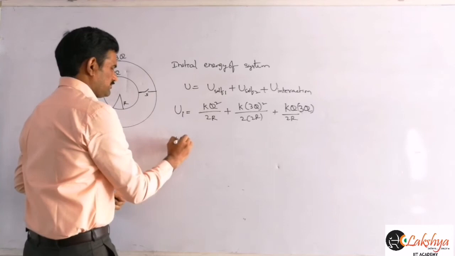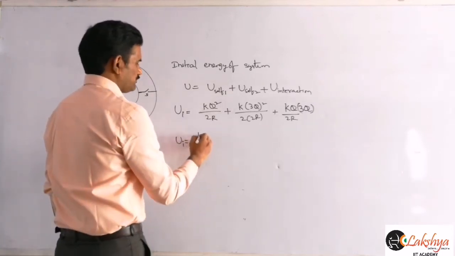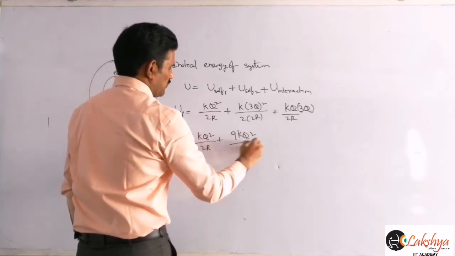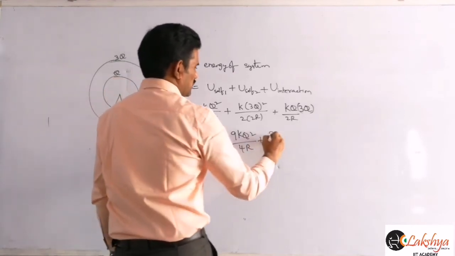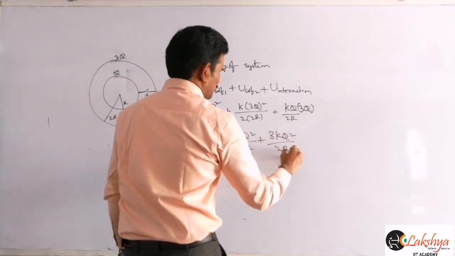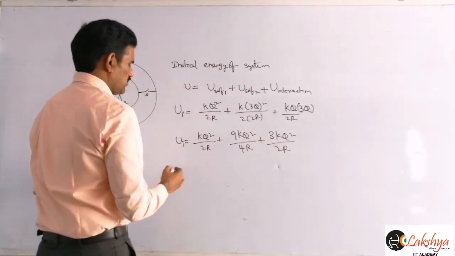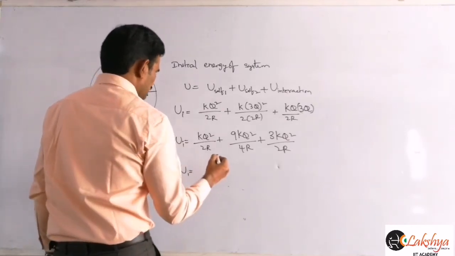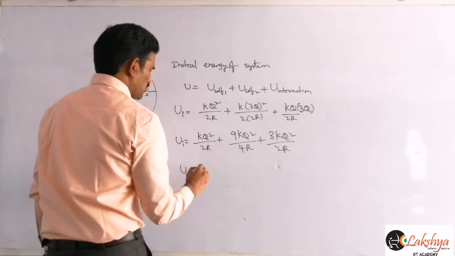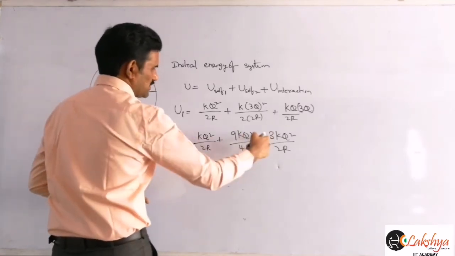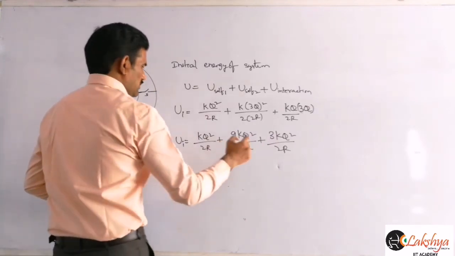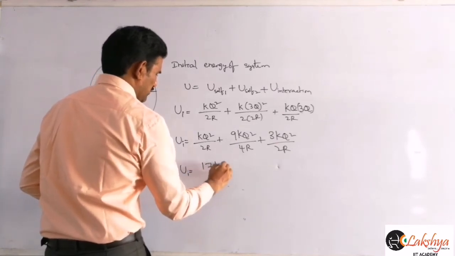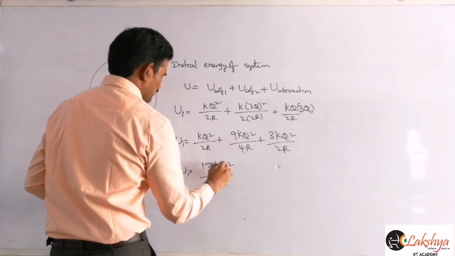Let us simplify: kQ²/2R plus 9kQ²/4R plus 3kQ²/2R. Taking LCM as 4, we get 2 plus 6 is 8, and this is 9. So 17kQ²/4R you will get, right?